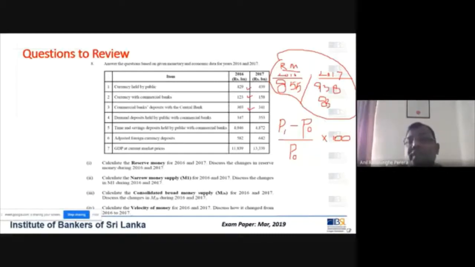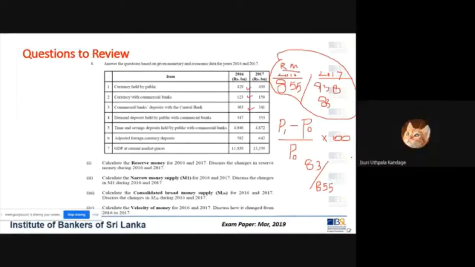So in this case, how do you calculate it? 83, we have already done it, isn't it? We have taken the difference, now divided by 855. So what is the rate of expansion? 9.70%.